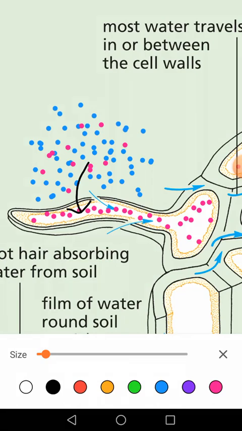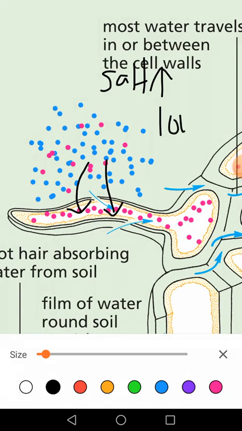Okay. So, as more mineral ions go into the root hair cell, the amount of salt or ions in the root hair cell goes high, isn't it? So the amount of salt in the root hair cell becomes high, and the concentration of water, or the water potential, inside the root hair cell becomes low.